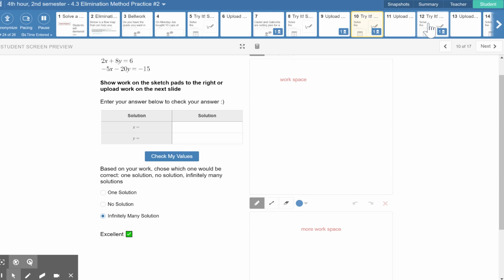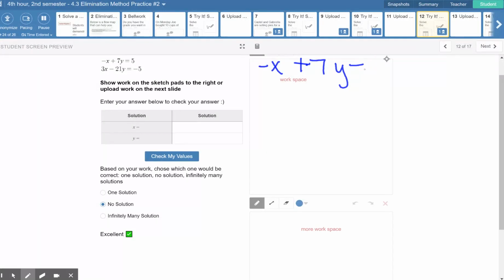Now on slide number 12, we're going to discover what happens when it's a false statement. So once again, we're going to write down our problem. Now, remember, make one opposite.